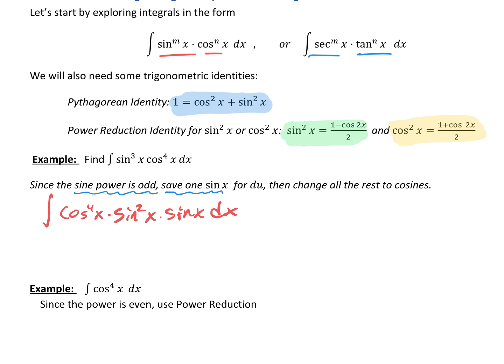What is sine squared there? Sine squared is 1 minus cosine squared, so we can solve for sine squared in the Pythagorean identity.